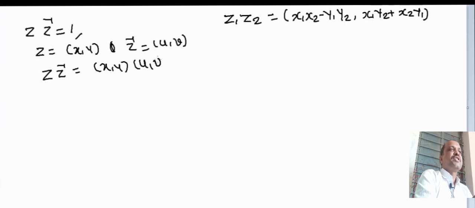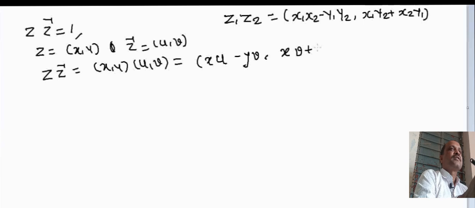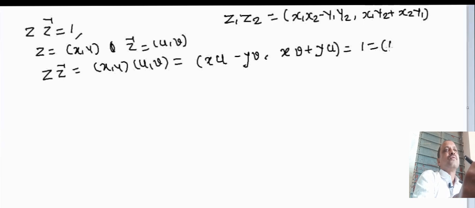Now, applying this definition, we get (x into u minus y into v, x into v plus y into u). This is equal to 1, and this 1 as a complex number can be written as (1, 0).